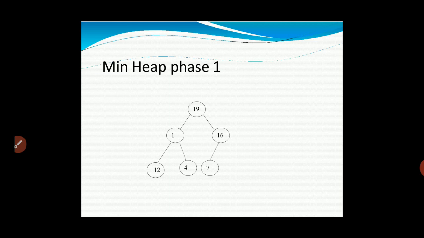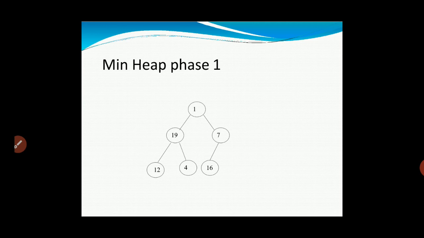Then 1 is lesser than 19, so they are shifted. After that we see that 19 is greater than both, and in a min heap it is not right.